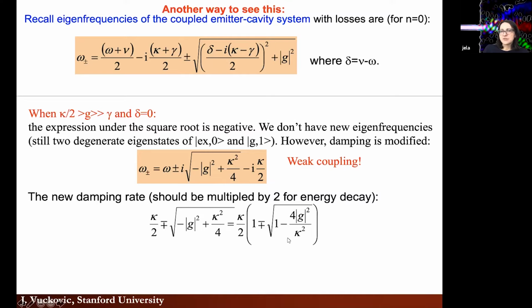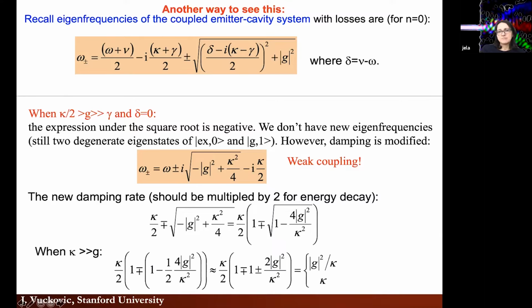If you look at this expression in the regime when kappa squared over 4 is much greater than G squared, which is the regime that we're looking at here, so it's not the strongly coupled regime, then you can approximate the expression under the square root: square root of 1 minus something small is the same thing as 1 minus half of that small thing.